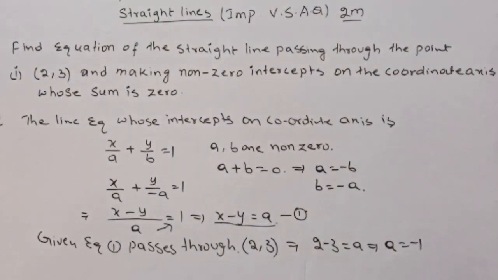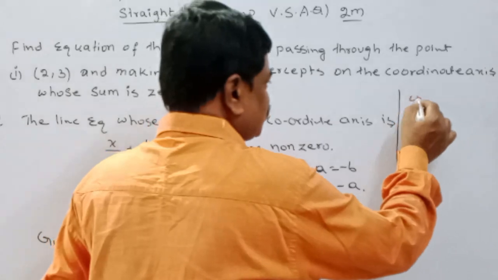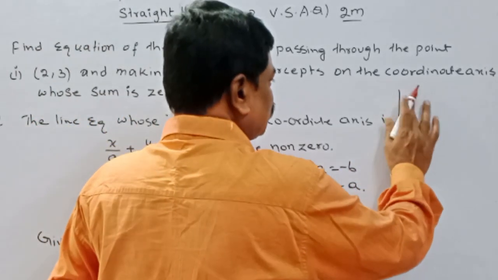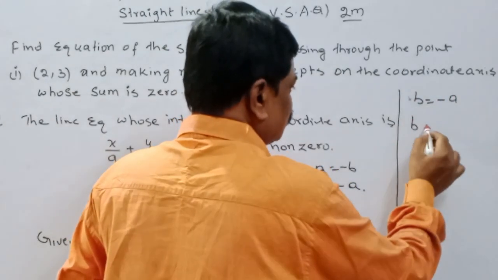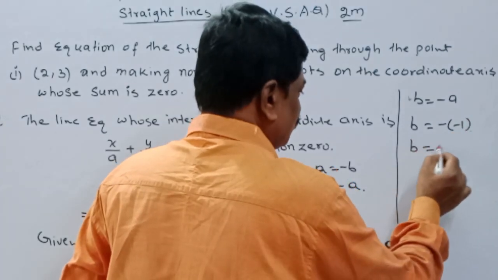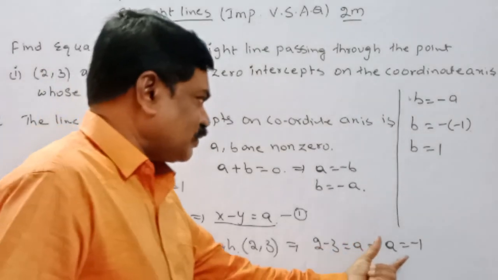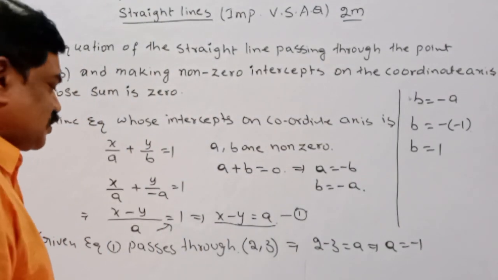But what is b here? b is equal to minus a. b is equal to minus of minus 1. b is equal to 1. a is equal to minus 1, b is equal to 1. Then what is the equation?